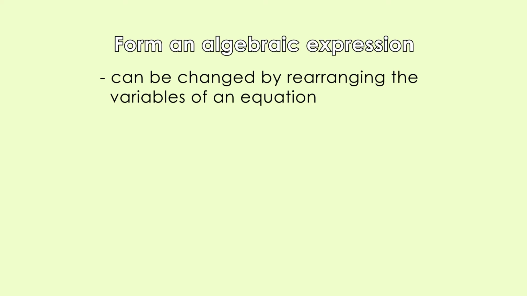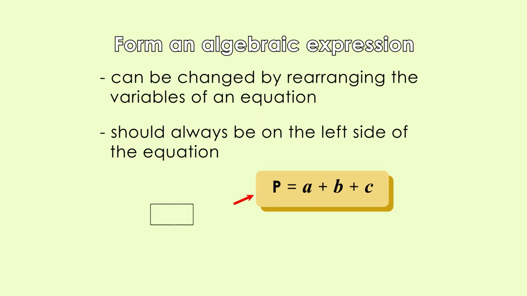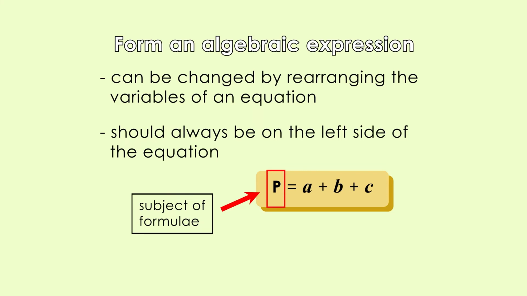The subject of the formula should always be on the left side of the equation. For example, let's look at the equation P equals A plus B plus C. We know that the subject of the formula is P as it is written on the left side of the equation.